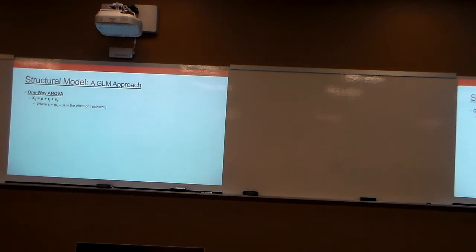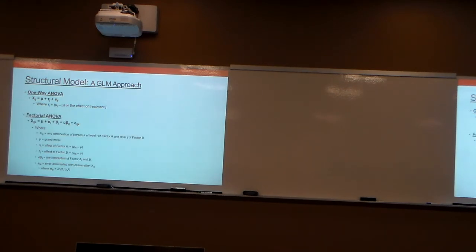If we say freshmen are drinking more, then for group J, if it's freshmen, we have an increase, so we add to the grand mean. If it's seniors, maybe they're drinking less, so it drops down. If sophomores are drinking about the same as the average, then this is 0 for them. So we're just making adjustments, plus an error term. This is the specific error term for Tamara's drinking: how far Tamara deviates from her group level is just tossed in there, okay?